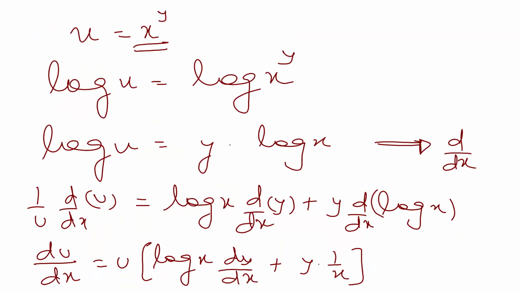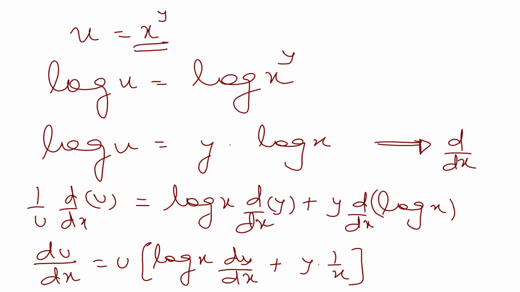The next step would be to multiply u with the box bracket. And remember, u is not a constant. u is a function of x. What is the value of u? u is assumed to be x raised to y. u is not a constant.